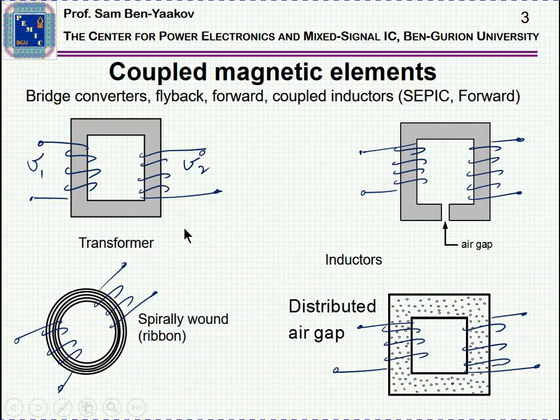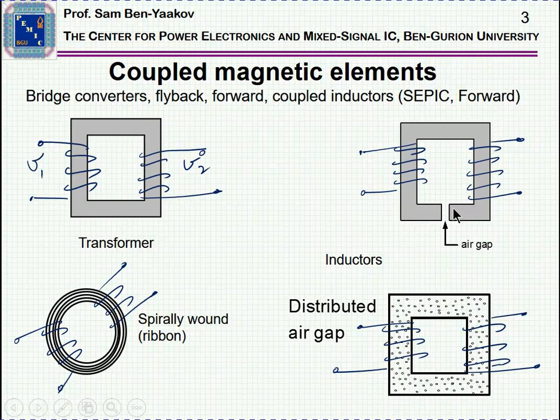In many applications in power electronics, we need an element in which there is a number of windings. In this case, I'm showing two windings on a core, and they can operate as a transformer, like in a bridge converter, PWM converter, in a flyback.